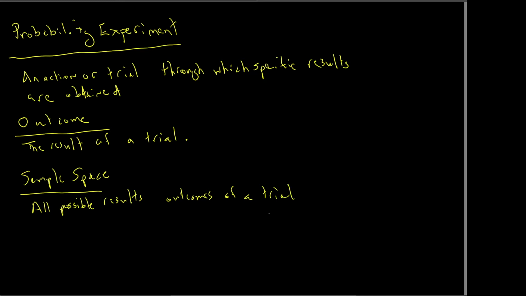And so we have sample spaces which have everything that could happen. And I guess if we extend the definition, we could say all results, outcomes of a trial or a probability experiment.